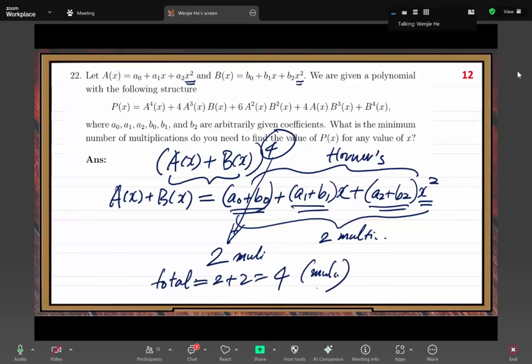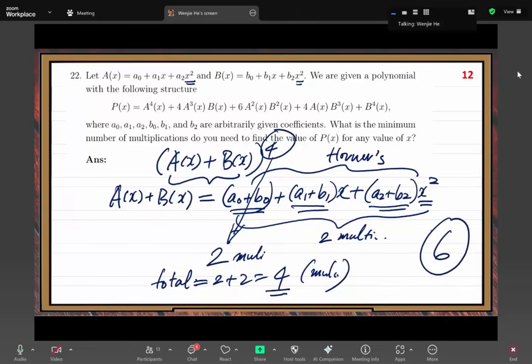And some students give me 10 something, so some numbers are too large. The best answer here is 4 multiplications. Oh, yeah, many students give me 6.